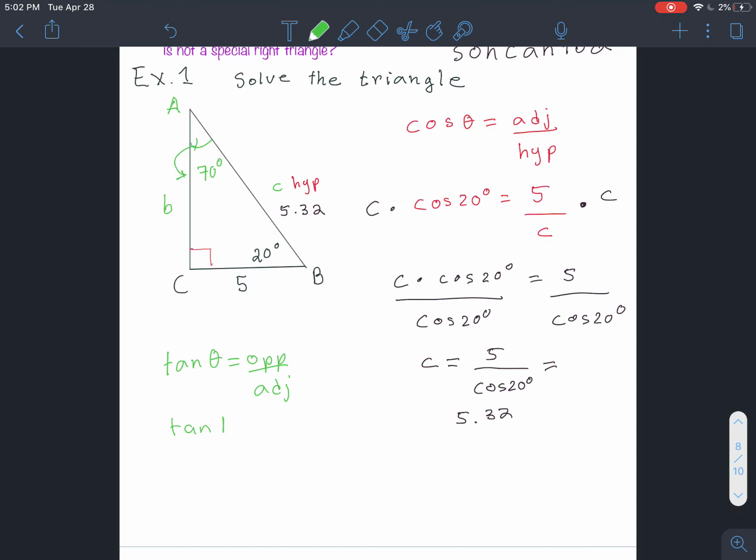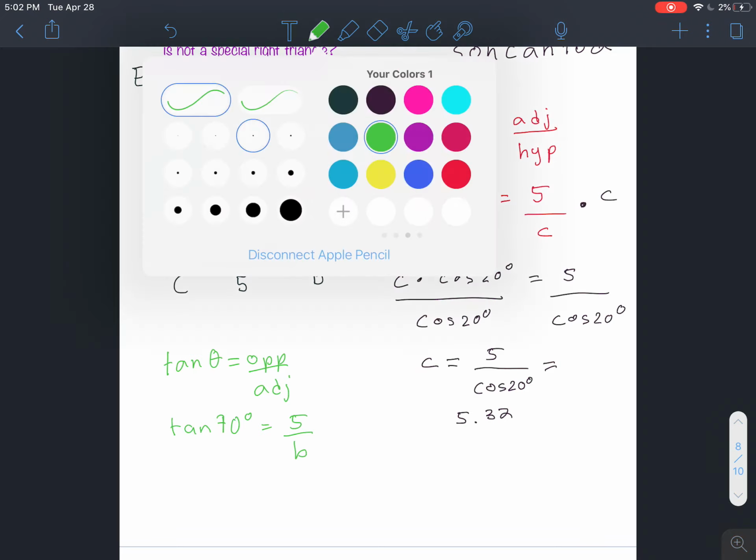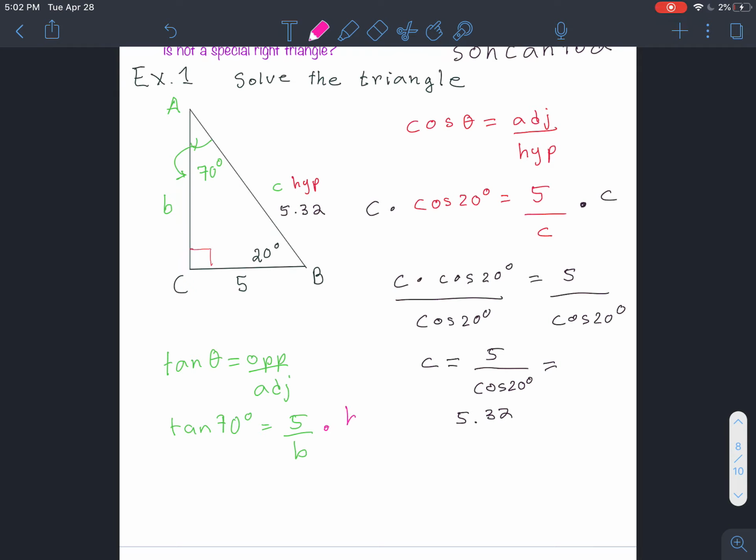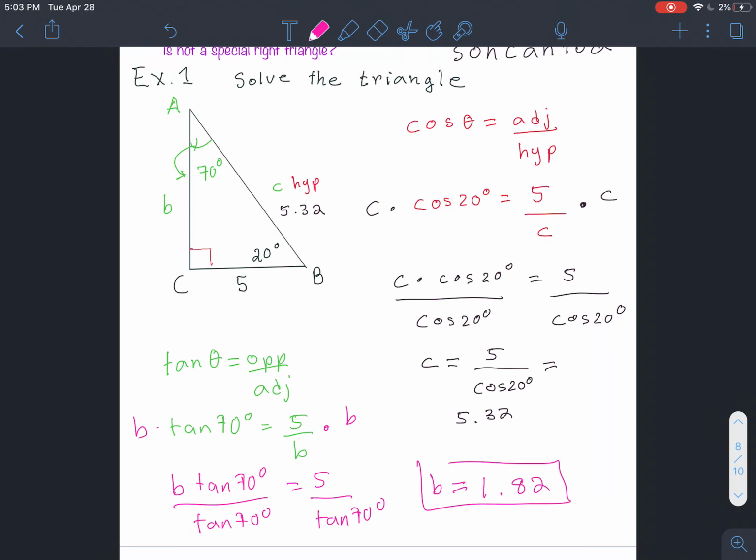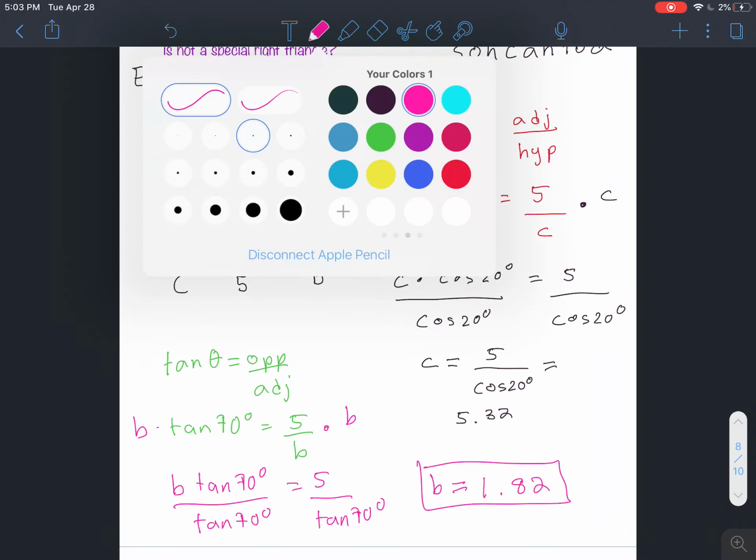So we have tangent of 70 degrees equals 5 over B. We're going to do what we did before and multiply both sides by B. And then we will divide by tan 70. And we'll put that in our calculator and we will get 1.82. So we got B equals 1.82.